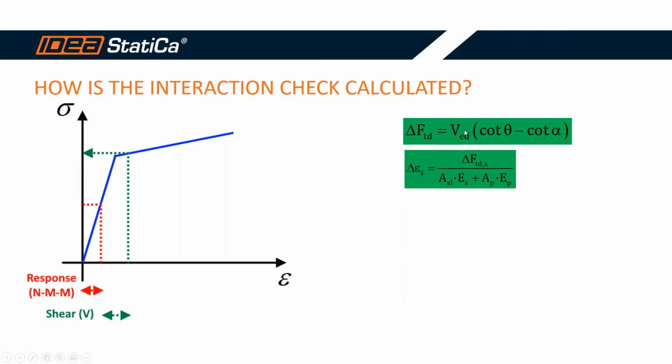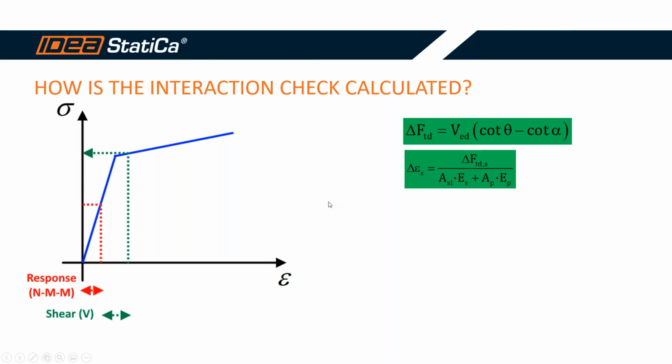So you have the shear force acting in the section, some angle of strut, and you calculate delta FTD, and then if we have this force, we can assess the strain due to shear or due to additional force in longitudinal reinforcement.